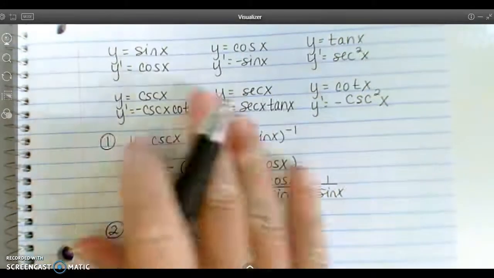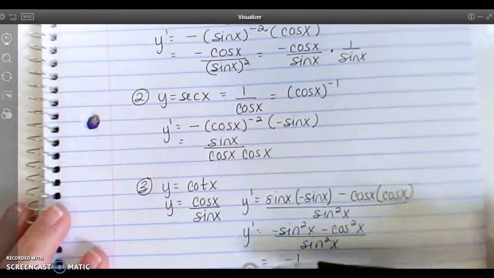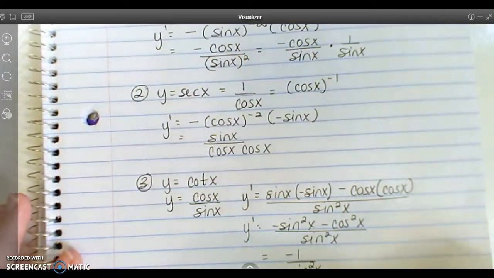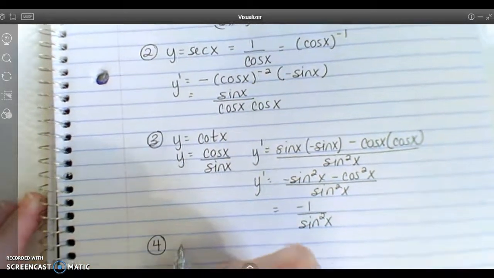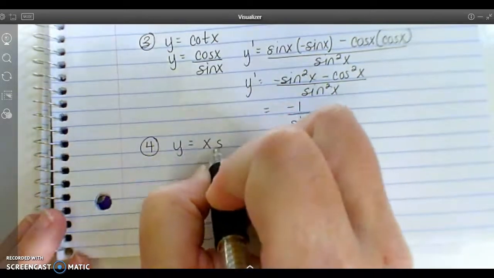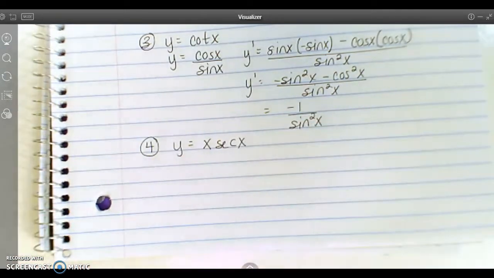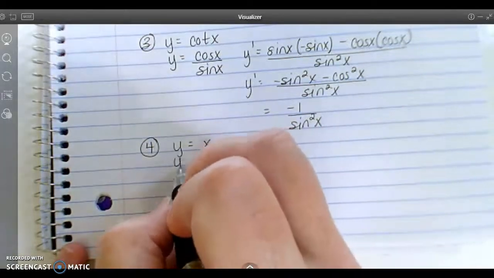So, now that we know the rules, let's talk about how you use them. You really don't have to do 1, 2, and 3 again, but I wanted you to see where those derivatives come from. So now we're just going to use the rules to answer some questions. So let's say that you have y equals x times secant of x. Alright, so we want to use the product rule here.